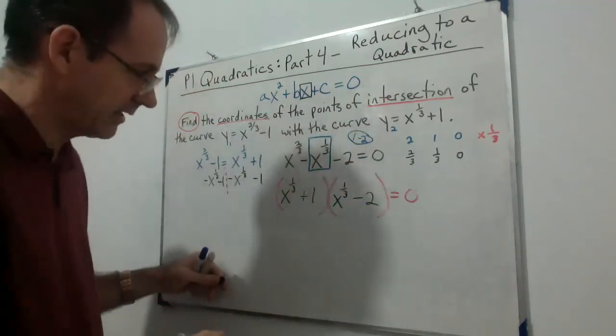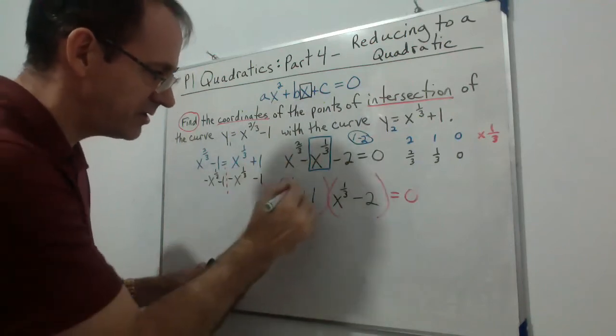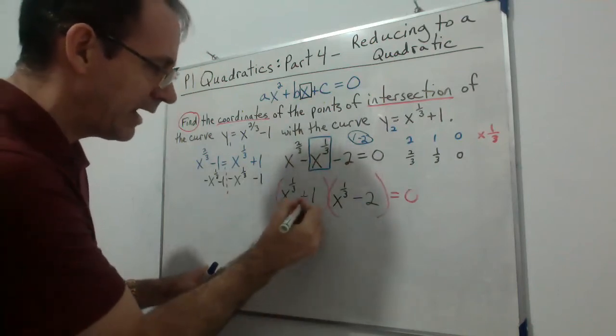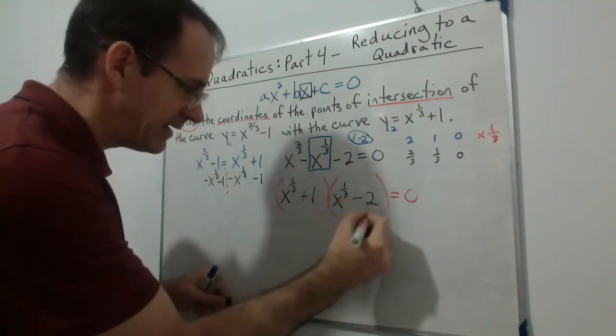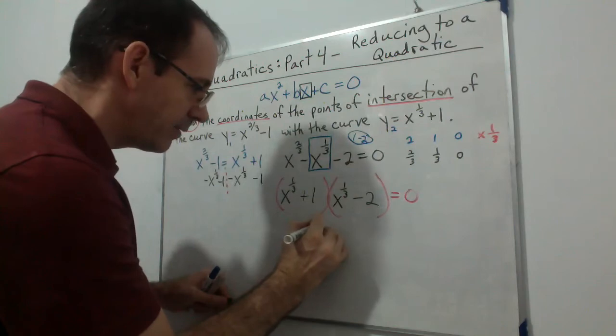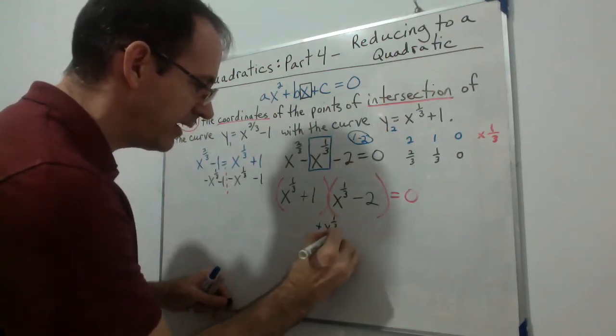So let's double check again. x to the 1/3 times x to the 1/3 is x to the 2/3. +1 times -2 is -2. Here we have a +1 x to the 1/3 and a -2 x to the 1/3.